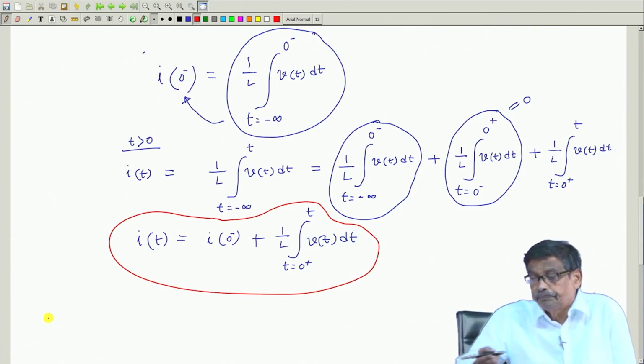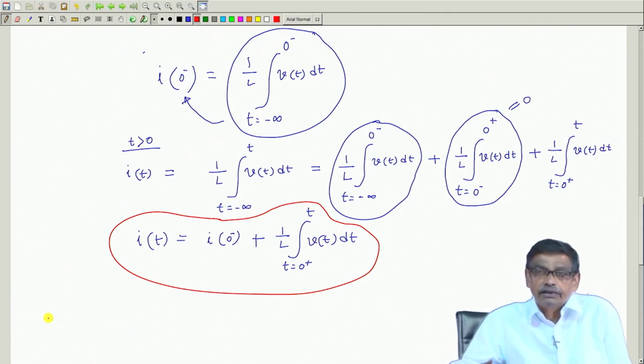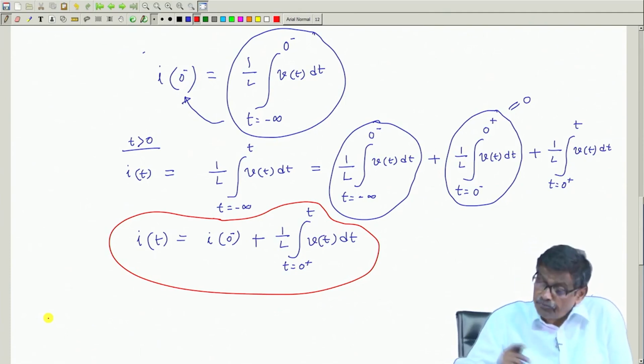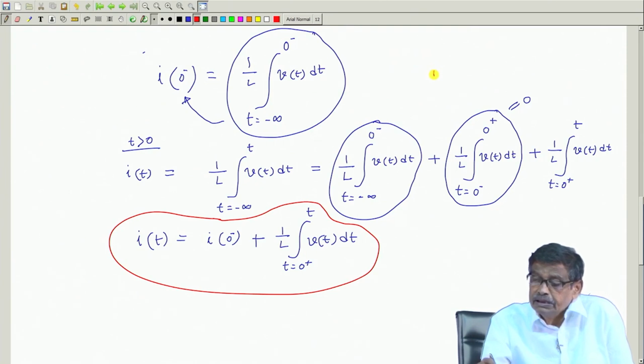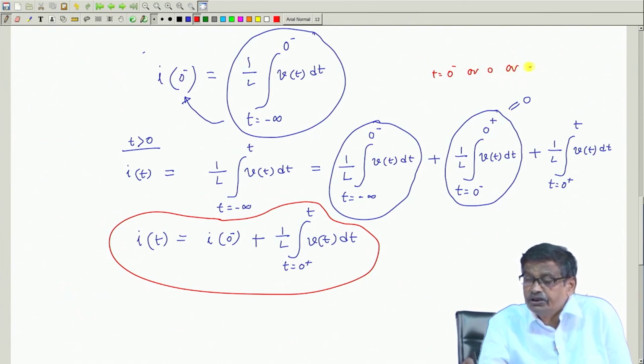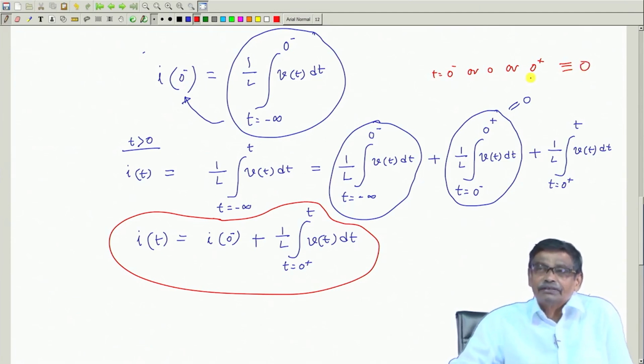Now, for those of us using this circuit, t equal to 0 minus, 0 or 0 plus is as good as 0, is it not? We cannot make any difference, but your inductor will make the difference.